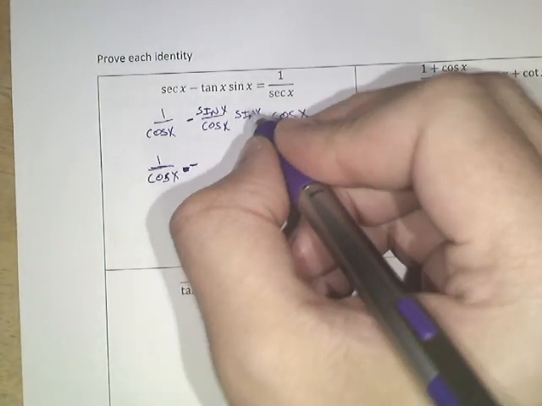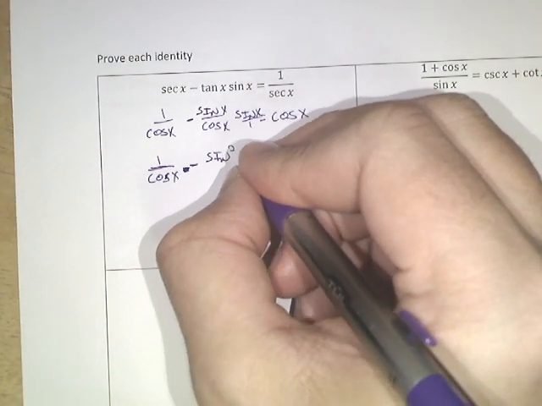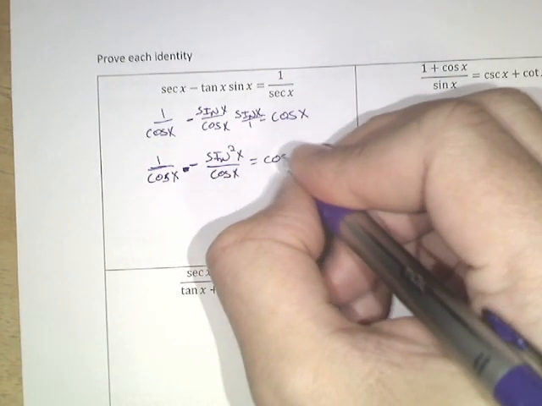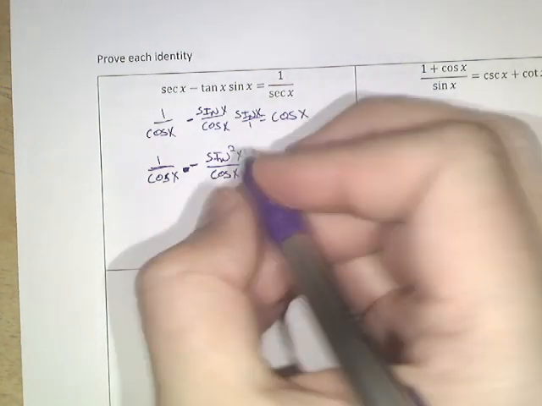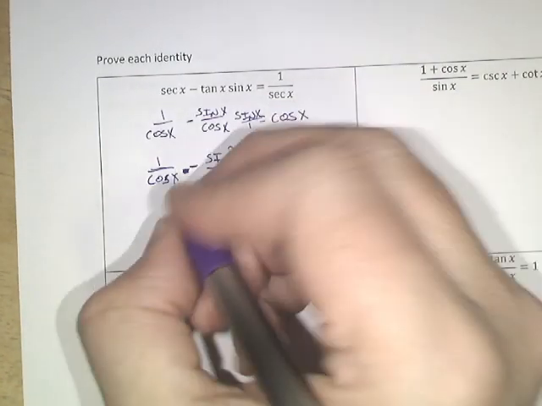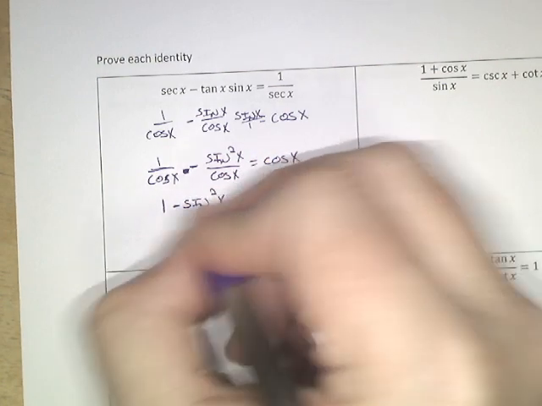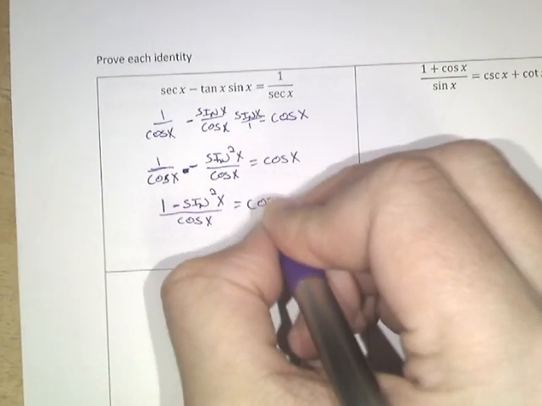Sine times sine x is sine squared x over cosine of x equals cosine x. And then I can combine this fraction. They already have common denominators, so that makes it nice. 1 minus sine squared x over cosine x is equal to cosine x.